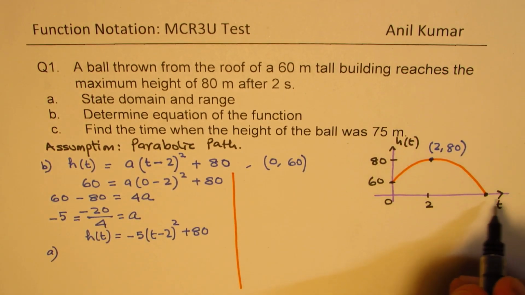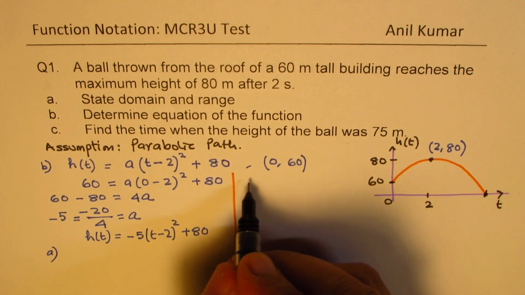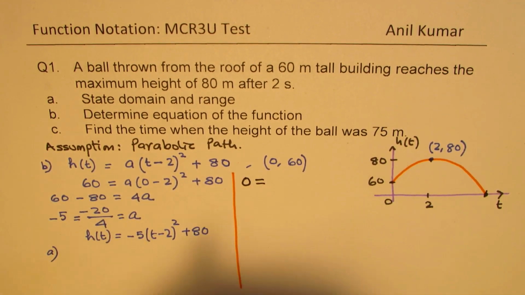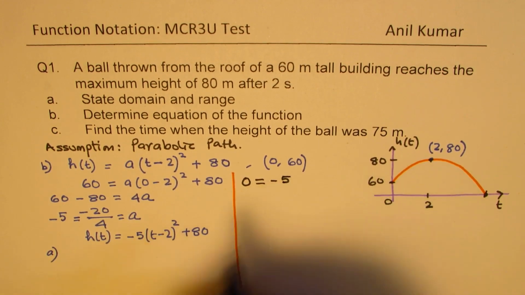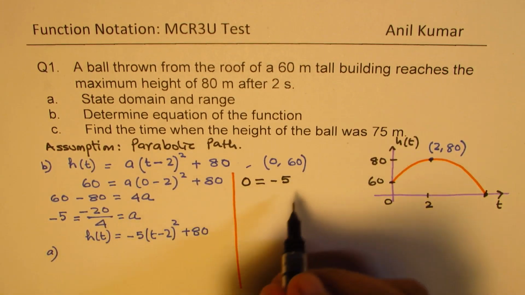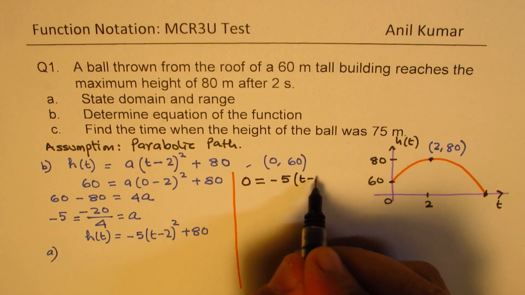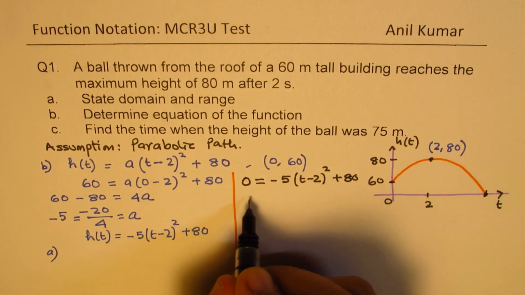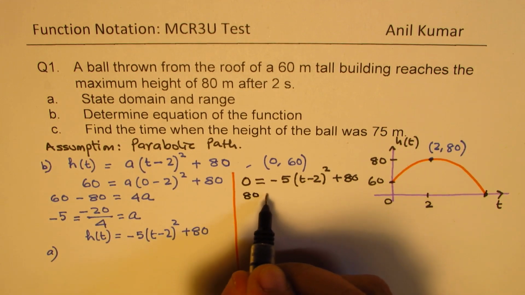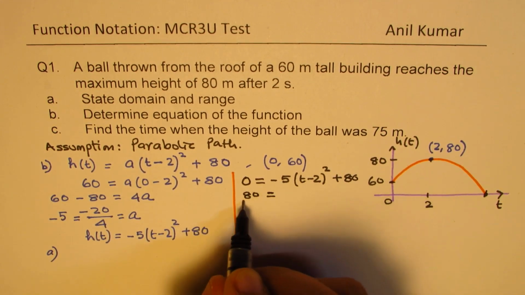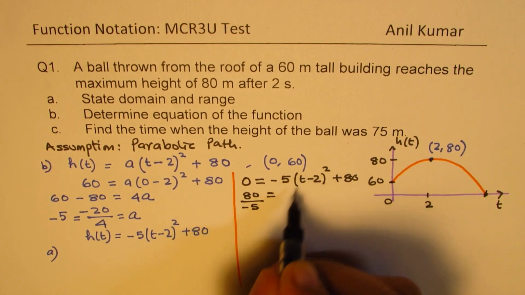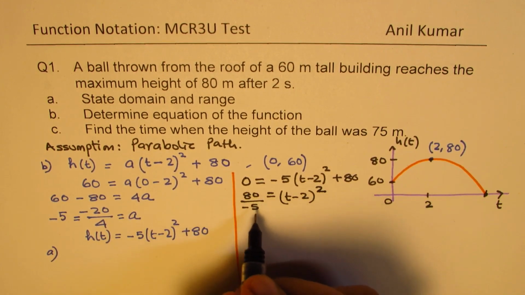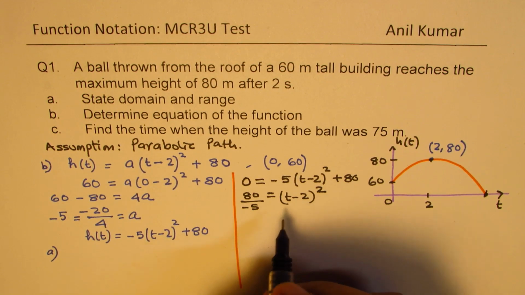Now when h equals 0, we need to find what t is. So 0 equals minus 5 times t minus 2 whole square plus 80. Taking it to this side, dividing by minus 5, we get t minus 2 whole square.